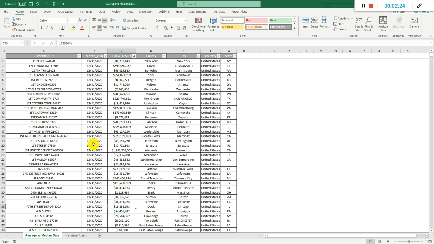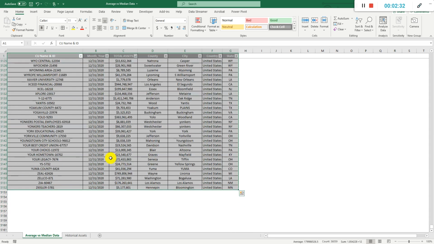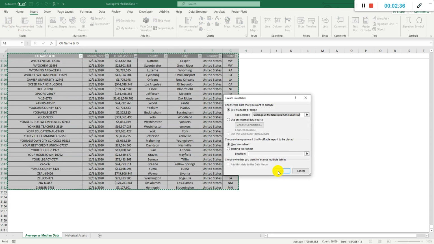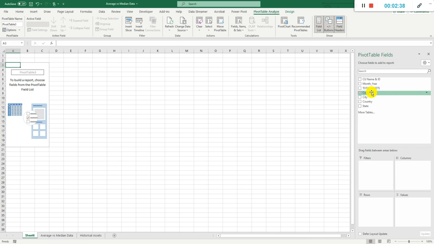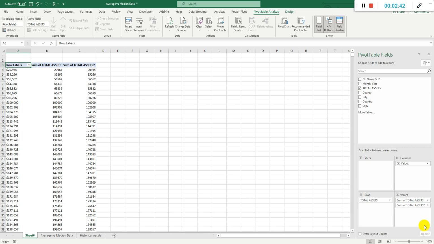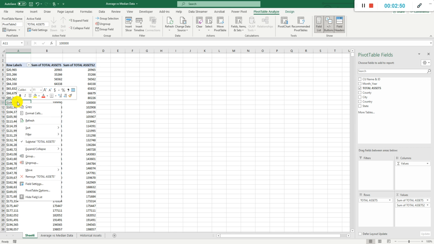Okay, to do the distribution, let's do a quick pivot table. So let's put assets in rows, and then assets in values. Let's move the field twice. So now we're going to group assets, the one in rows, this column A.